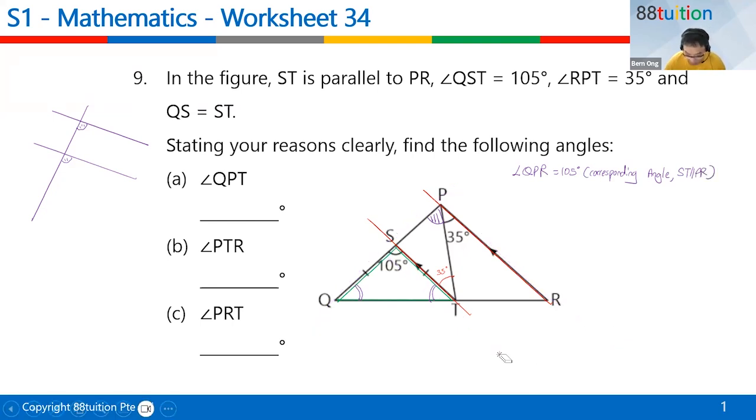Once you declare that they are parallel and angle QPR is 105, then you can come to a conclusion. Angle QPT is equal to 105 degrees minus 35 degrees, and that should give you 70 degrees. Are you following? This step, you don't need to have the reason. Those that have a reason, you must write. Corresponding angle, alternate angle, all this must be written.